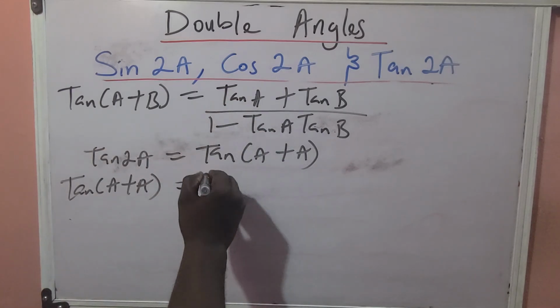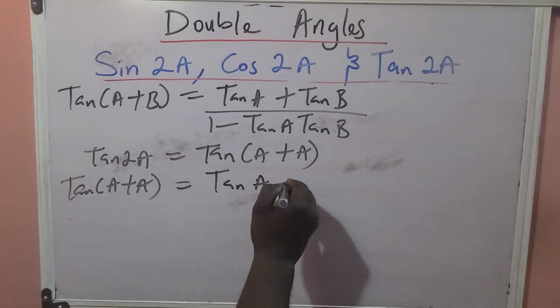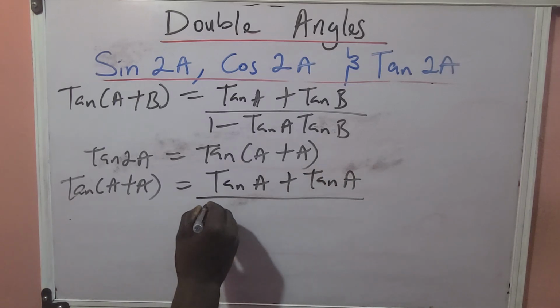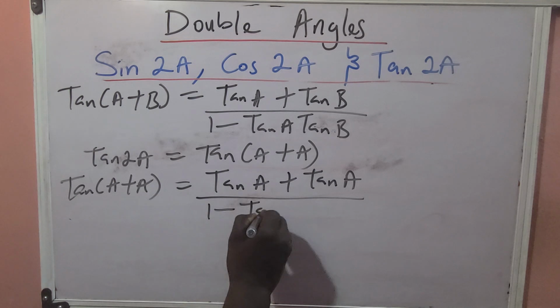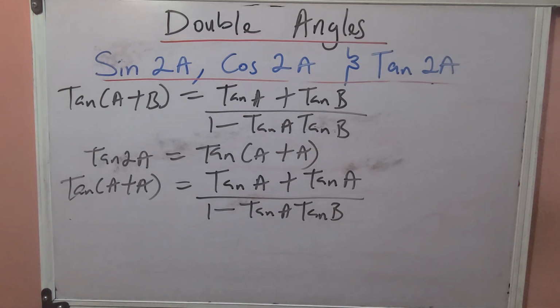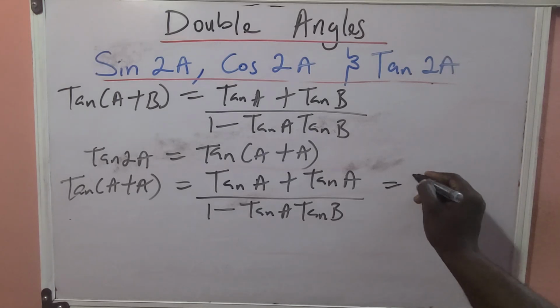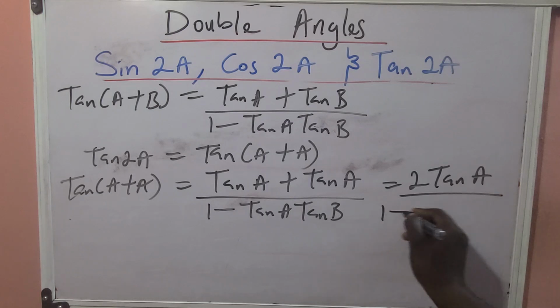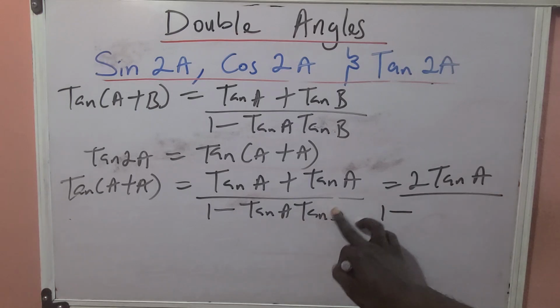So what we have here is tan A plus tan A over 1 minus tan A tan B. So when you go on to resolve this, tan A plus tan A will be 2 tan A all over 1 minus tan A. Sorry, we are not having tan B again.